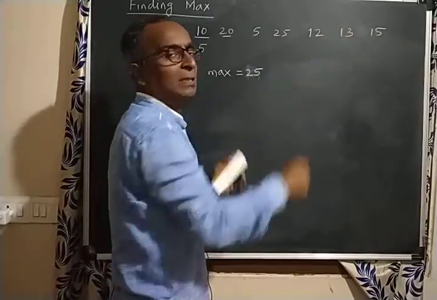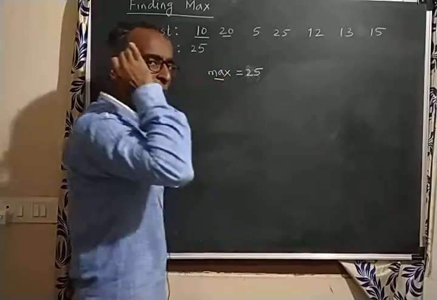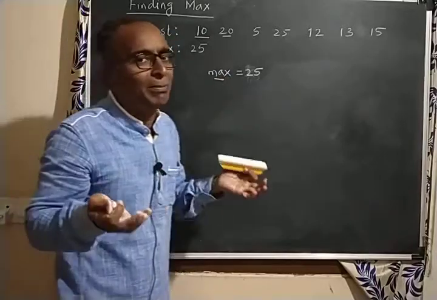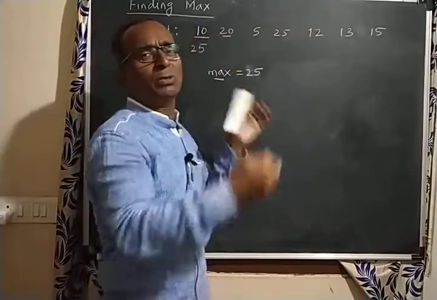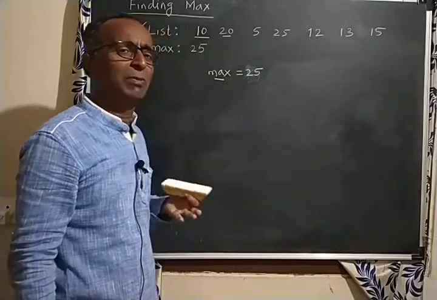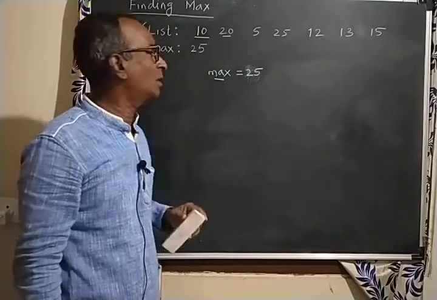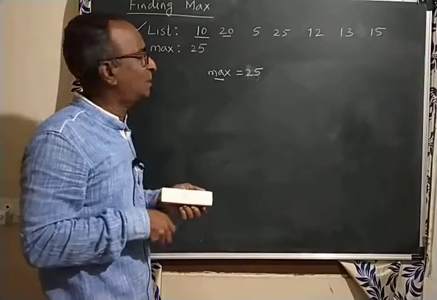When the entire list is exhausted, then whatever number we have in our mind, that will be the max. Simple. Though you have thousands of numbers, we can do the same. We generally do the same thing. We remember only one value, that is max, because our intention is to get max.